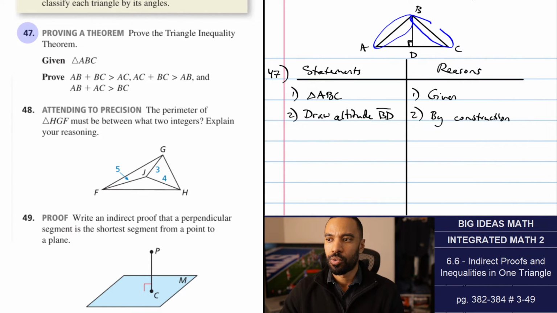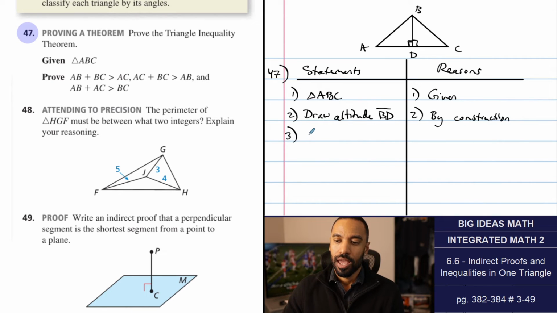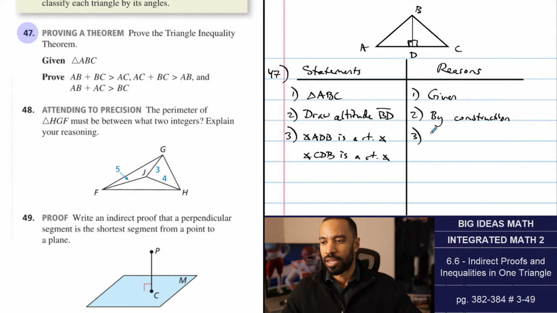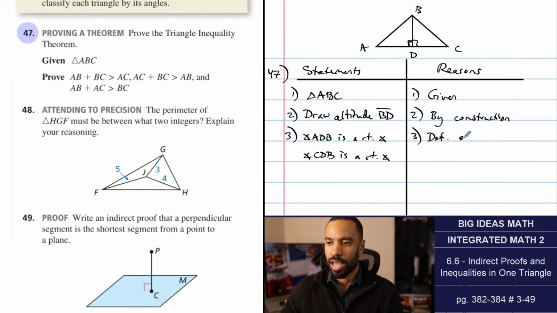Okay. So with that altitude, now we can say we have a couple right triangles here, or right angles. Angle ADB is a right angle, and angle CDB is a right angle, by definition of altitude.